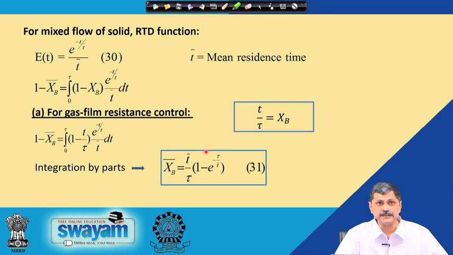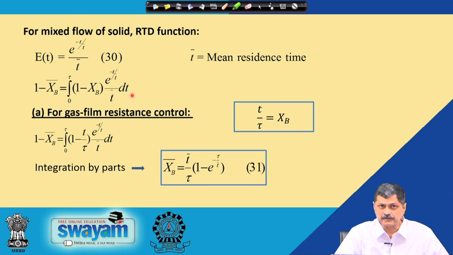So, E of t we already know that for ideal mixed flow cases, E of t is given by e to the power minus t by t bar divided by t bar, where t bar is the mean residence time. So, we replace the second term here by E of t by this.